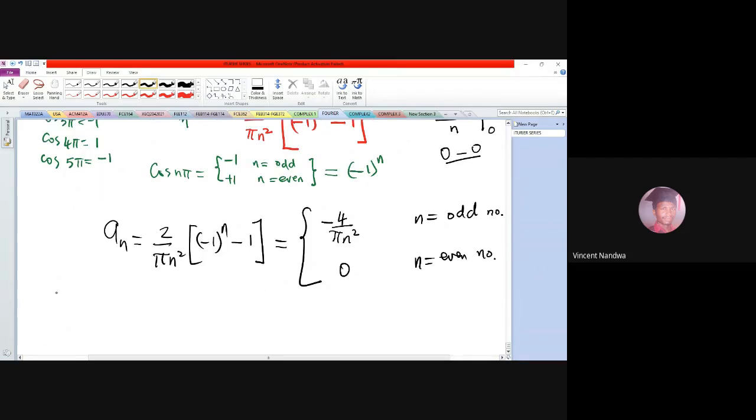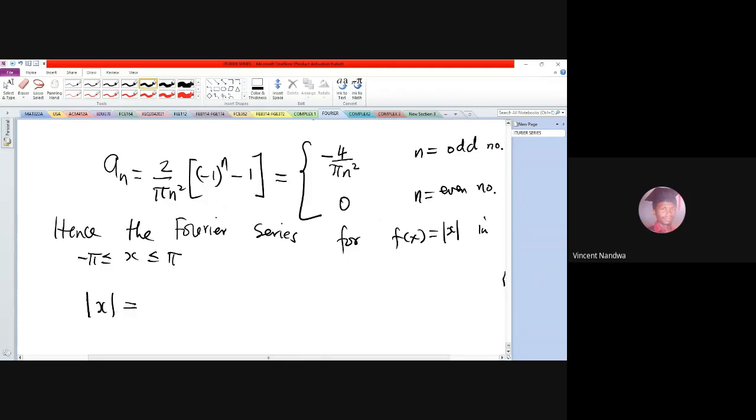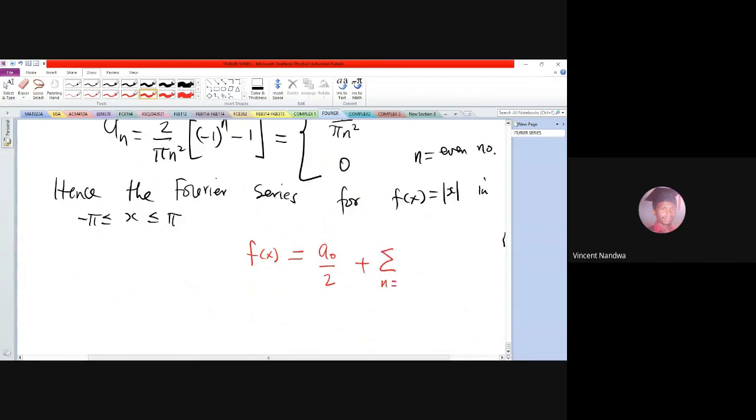So we say, hence the Fourier series for f of x given by the absolute value of x in the interval minus pi to pi is given by, remember, the formula for the Fourier series, as a reminder, a naught over 2 plus summation n from 1 to infinity of an cosine nx.